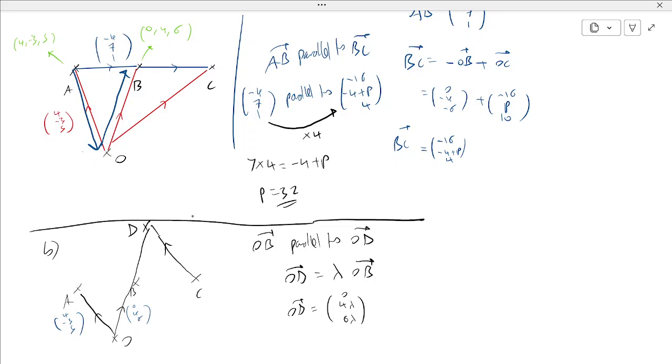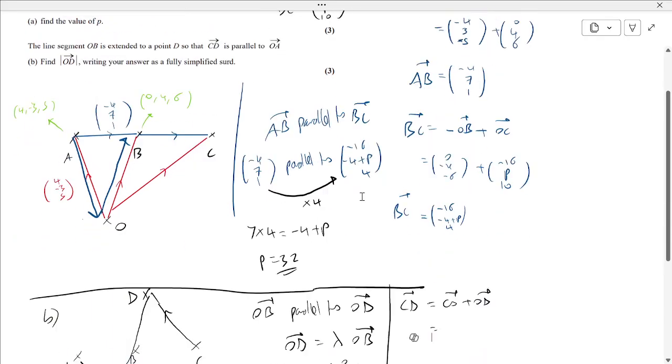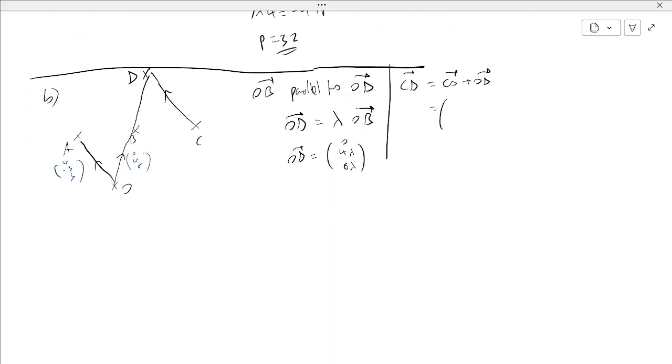What else do I know about D? Well, the thing I know about D is that CD is parallel to OA. So let's write all this out. CD, I know how to go from C to O, and I know how to go from O to D. I've just written that down. So CD I can figure out. CO, what was C? C was -16, 32, 10.